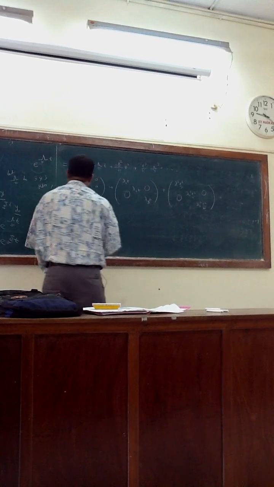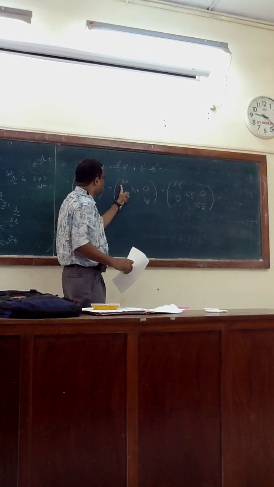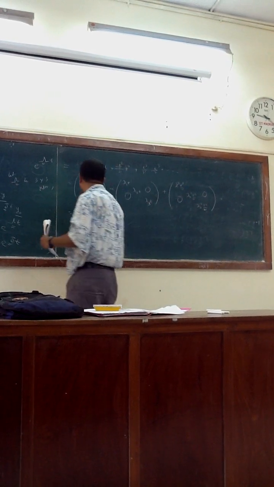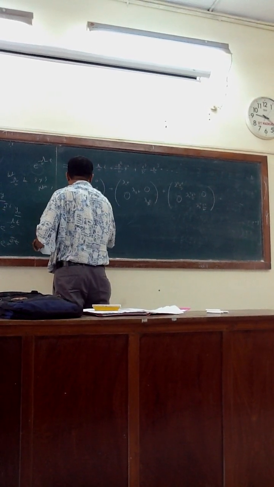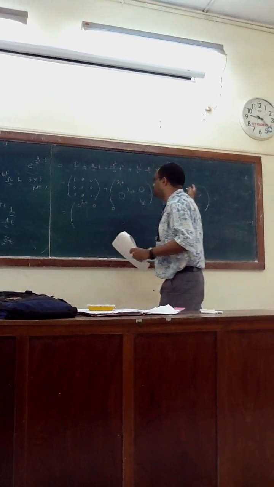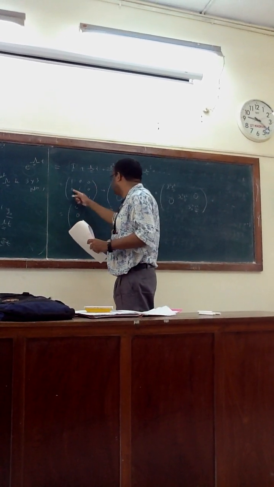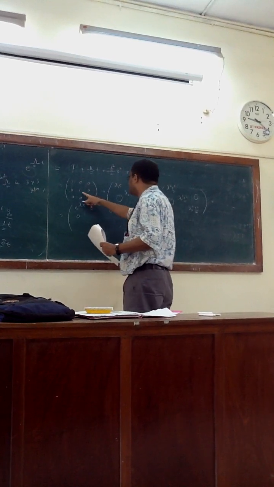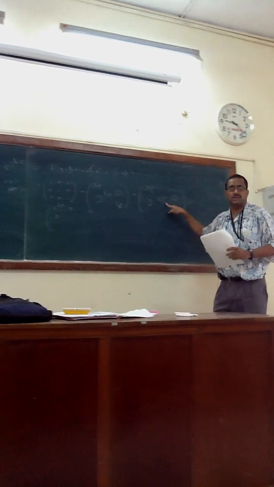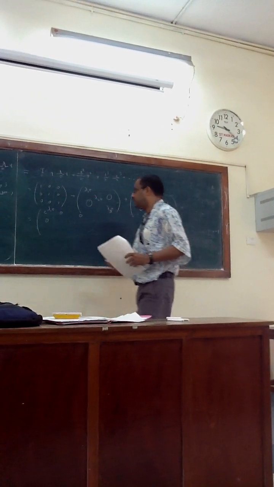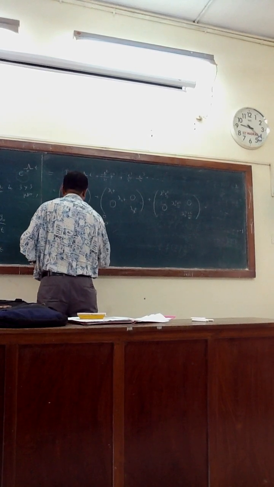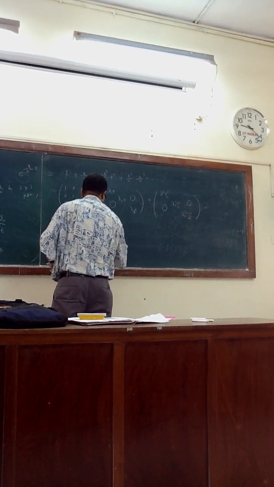If you look at the first term, 1 plus lambda 1 t plus lambda 1 square t square by 2 factorial will give e to the power lambda 1 t, the series. All other terms will be 0 because corresponding terms are all 0. Similarly, the first term is 1, then lambda 2 t plus lambda 2 square t square by 2 factorial and so on. It is e to the power lambda 2 t, 0. Similarly, these terms are 0, e to the power lambda 3 t.